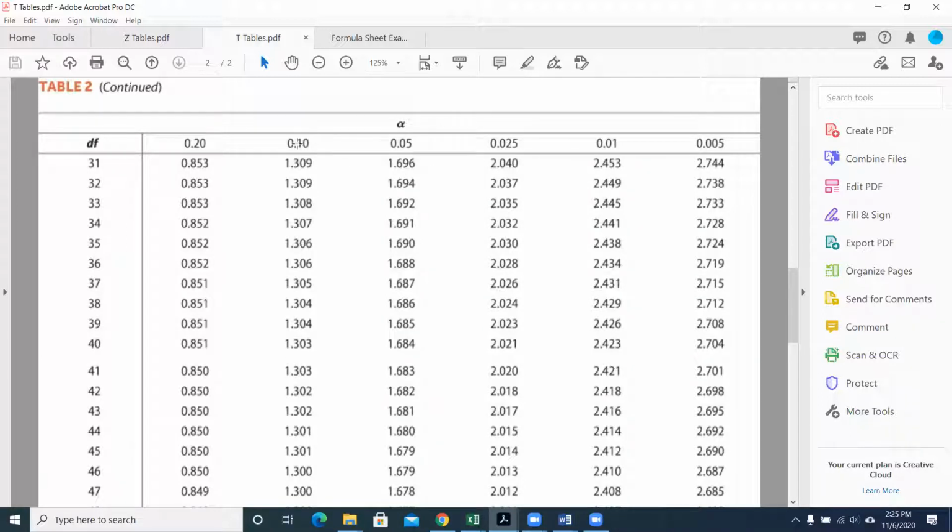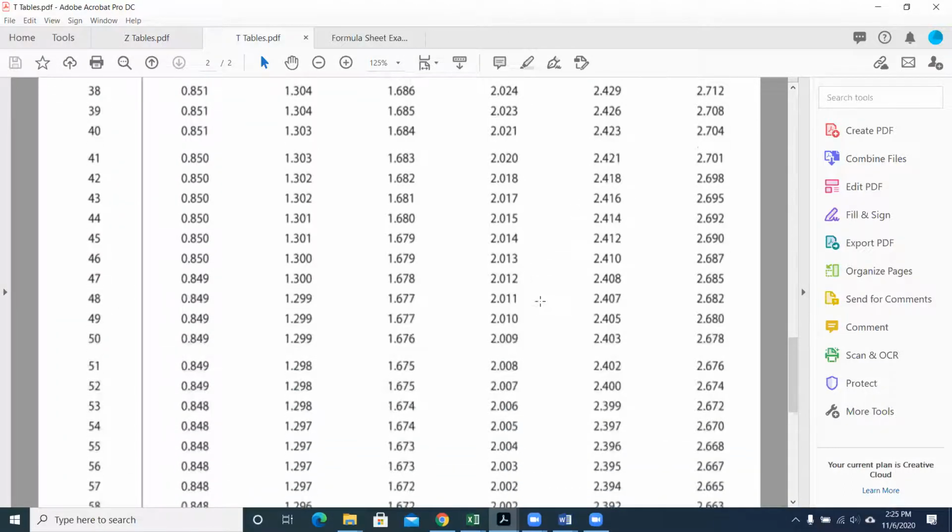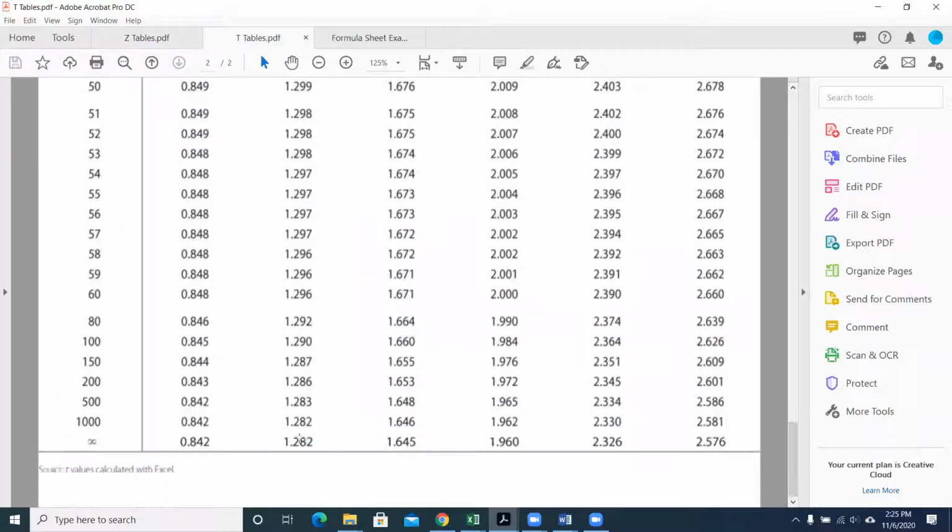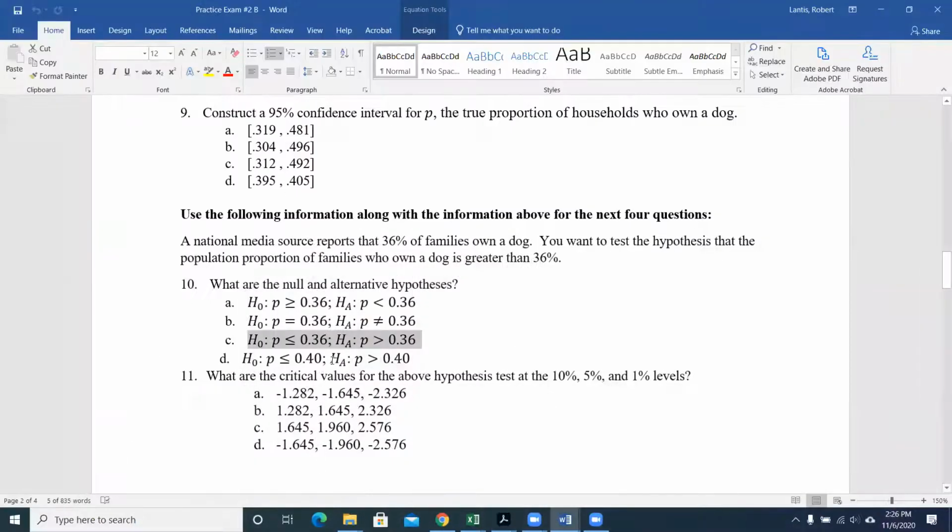So I can look them up all three pretty quick. 0.1, 0.05, and 0.01 for a standard normal distribution would be 1.282, 1.645, 2.326, okay? Which is exactly the values that we see right here, okay?